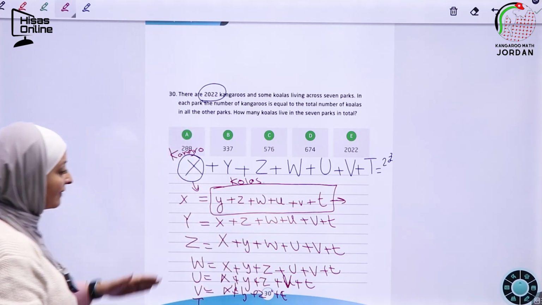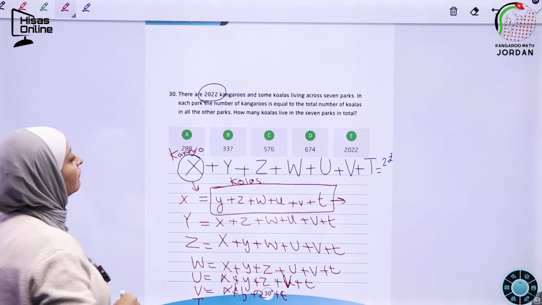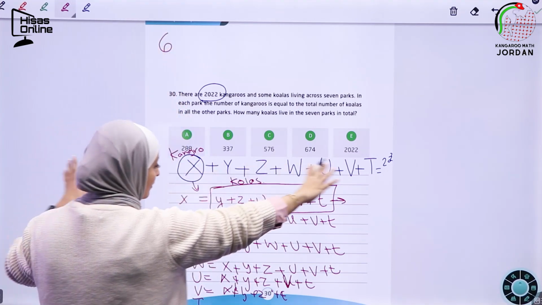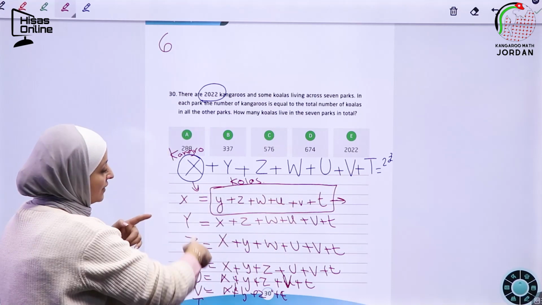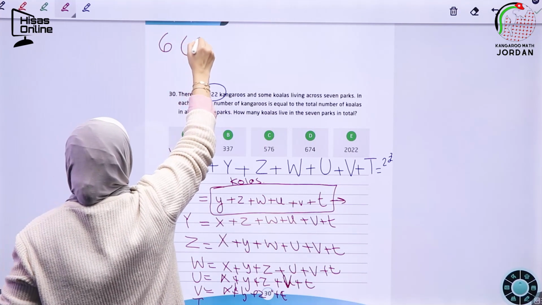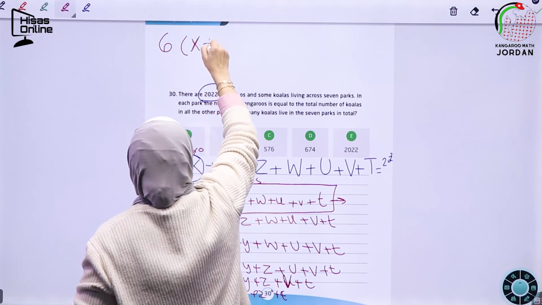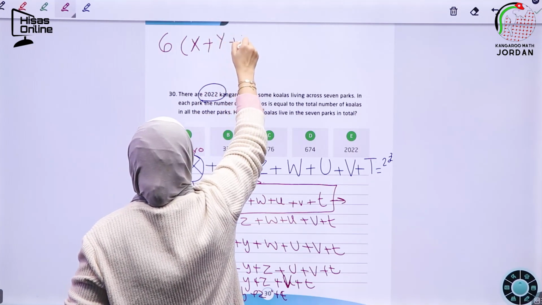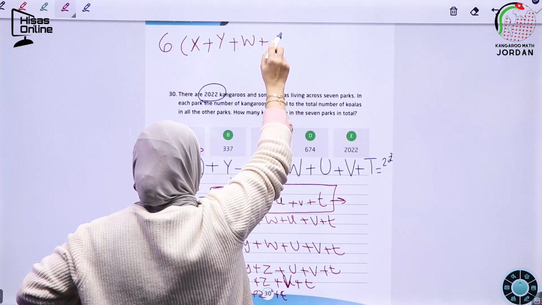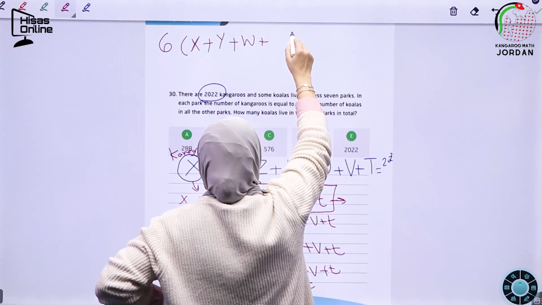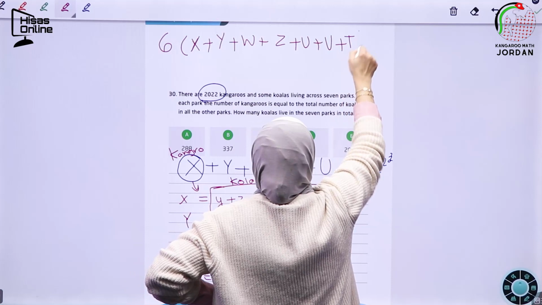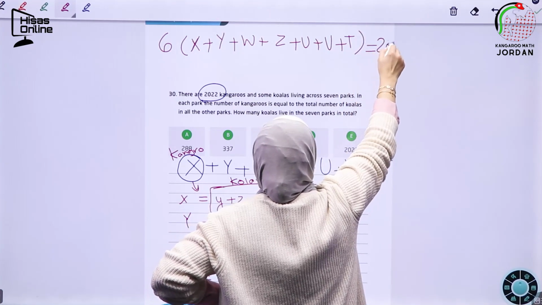Okay, if I add everything, I will come up with an equation, which means 6 of each of these, because I cross one every time, the same region is not here. So it is 6 times the total of X plus Y plus W plus Z plus U plus V plus T is equal to 2022.